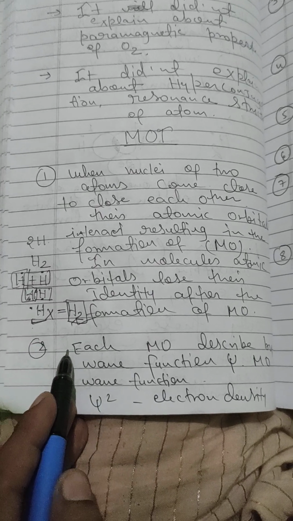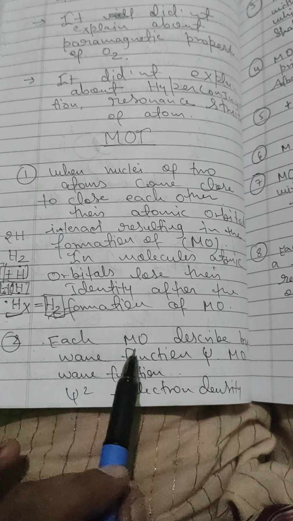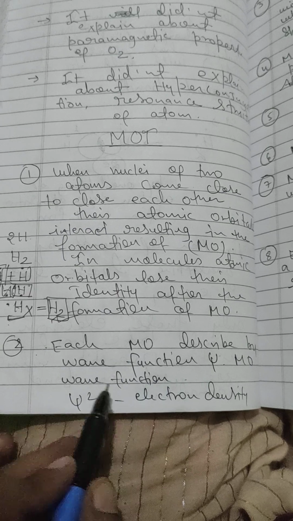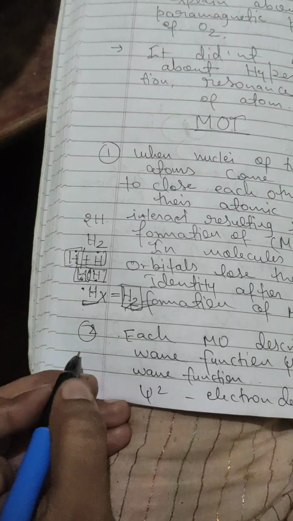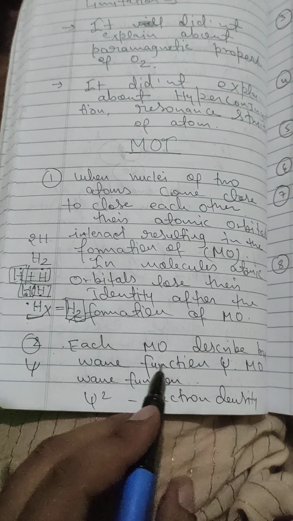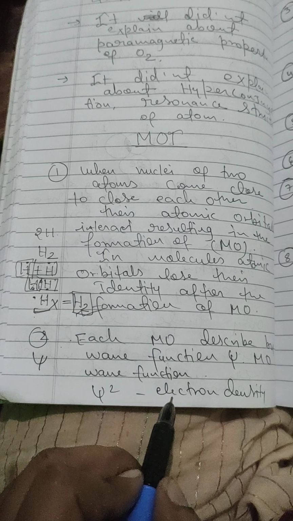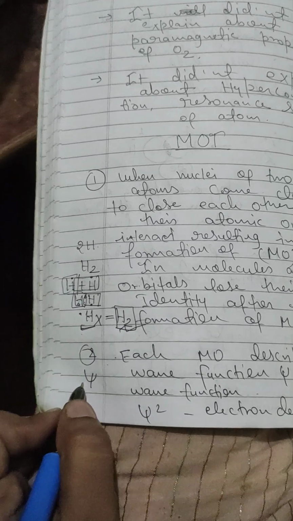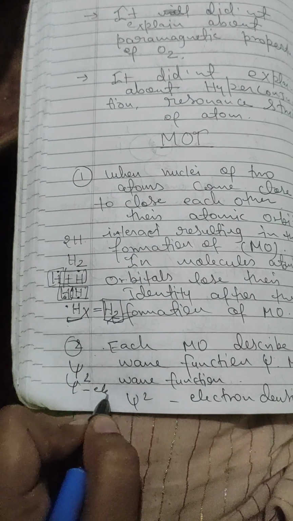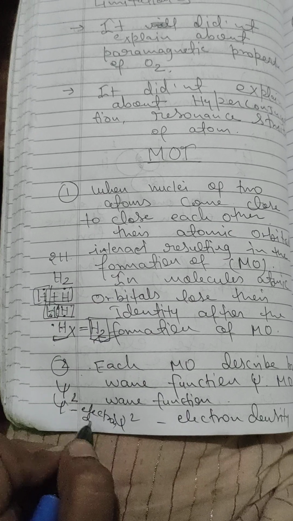Second, in molecular orbital theory, what do they say? Each molecular orbital is described by a wave function, psi. So after forming a molecular orbital, it is described by the molecular orbital wave function. And psi square is known as the electron density.